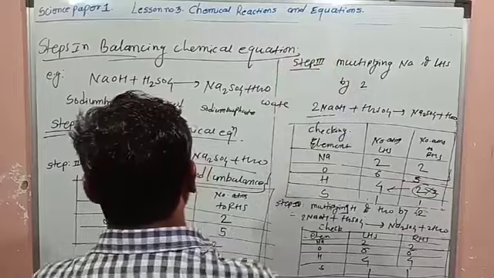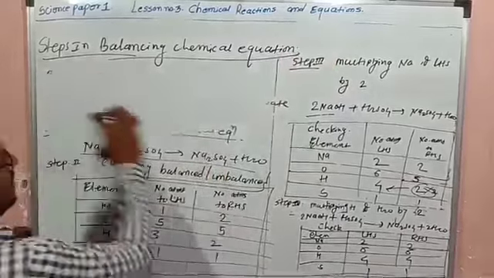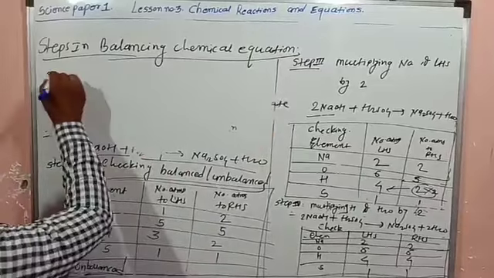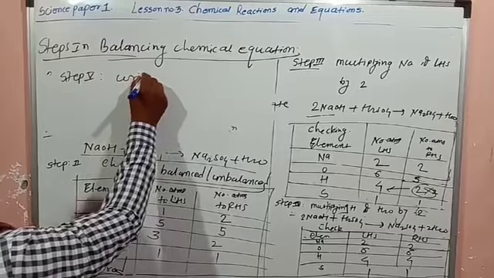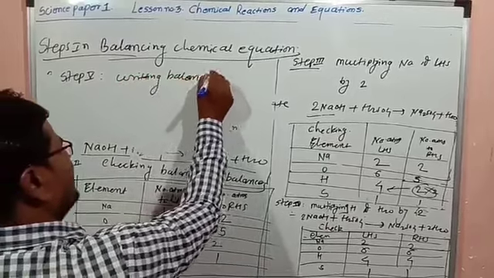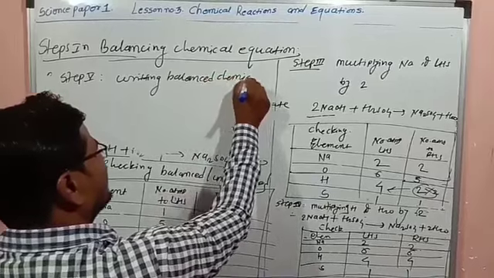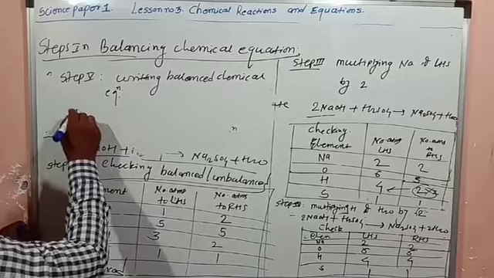And the last step, what is the last step? That last step is step number 5, writing the balanced chemical equation. So how will you write?